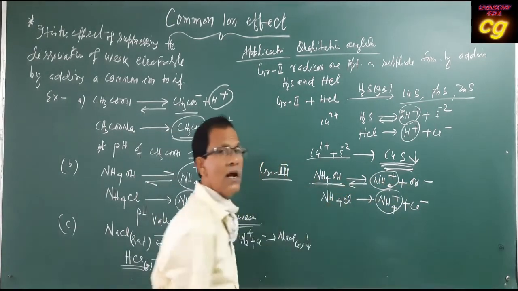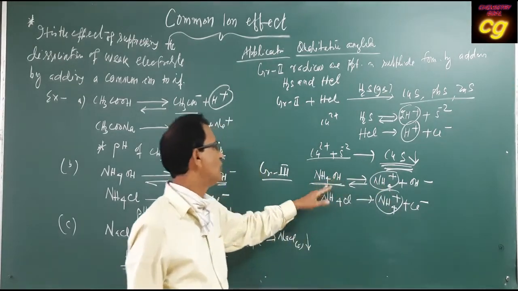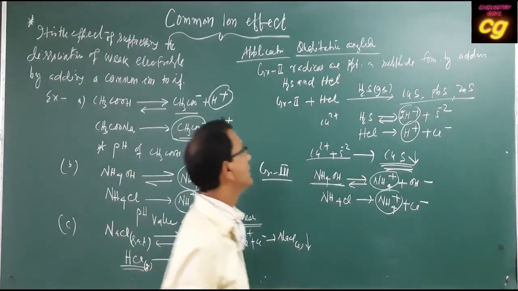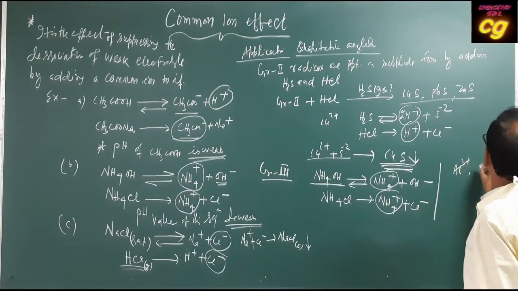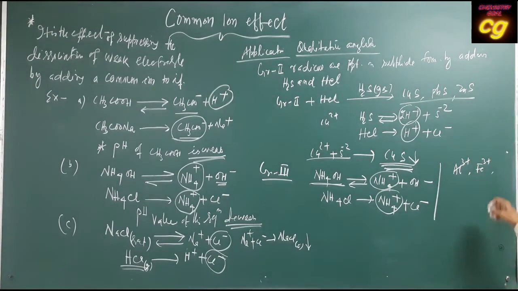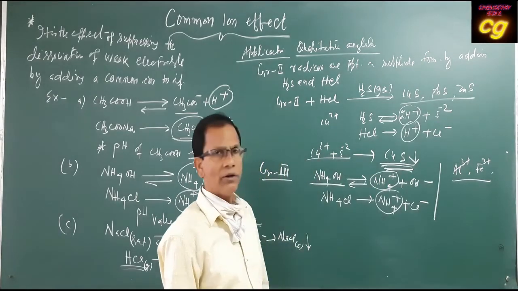As ammonium hydroxide is produced instead of dissociating, it reacts with the group 3 radicals such as aluminium ion and Fe3+ ion.